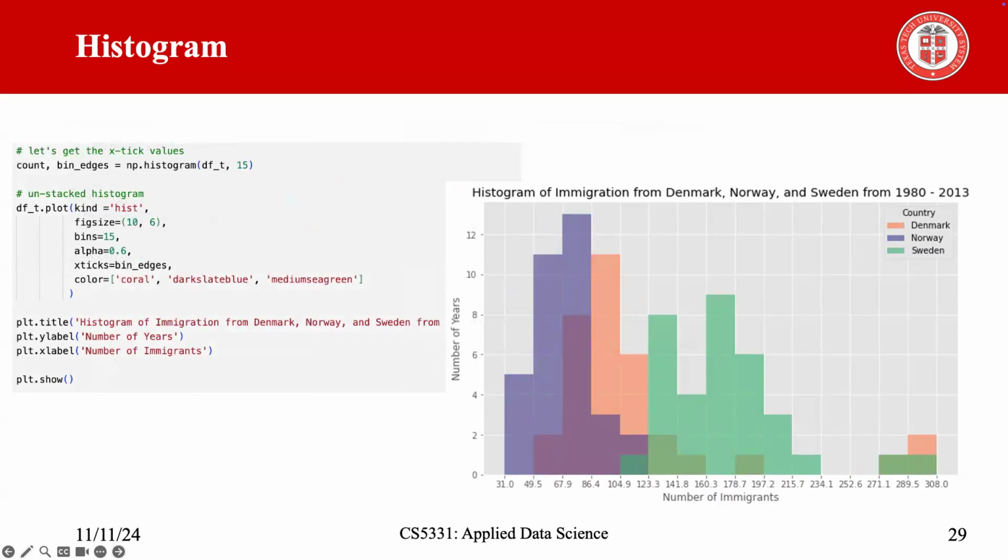We can make some modifications and improve the results. Such as, we first increase the bin size from 10 bins to 15 bins, so for the histogram figure, we set it as 15. And then we changed the transparency, here the alpha equals 0.6. This setting will make the figure more clear, and we can see the data that is hidden by other countries.